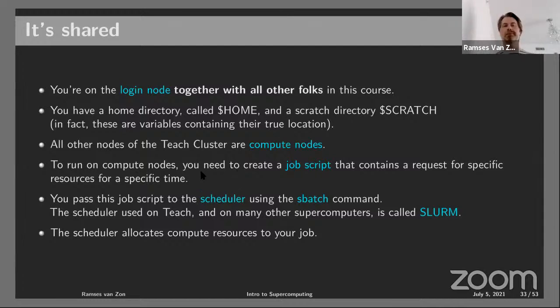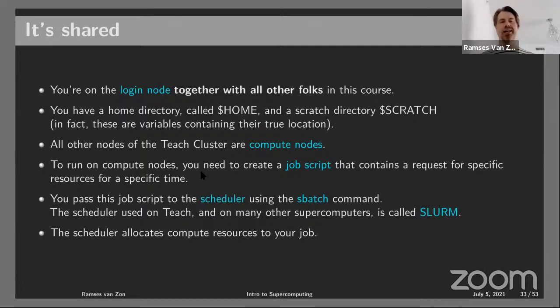This is because it's shared. If people just log in willy-nilly to a random node and started running things, suddenly your application becomes slower because somebody else is running there too. That is just an unworkable situation. So people have to submit these job scripts that specify the resources that they want to what's called a scheduler.